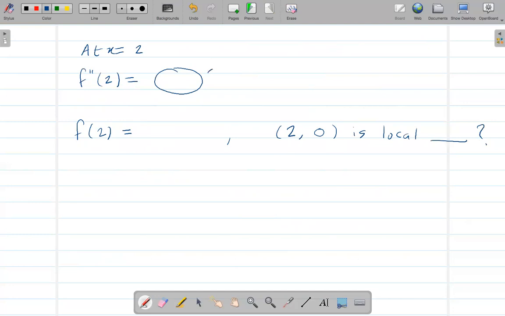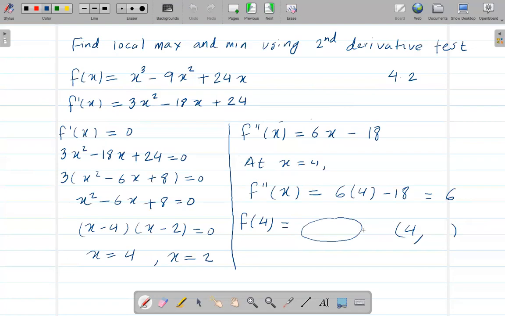So here find this. This number is going to come here, find this, and this point is going to be a local something, find that as well. So this is going to be your quiz problem.